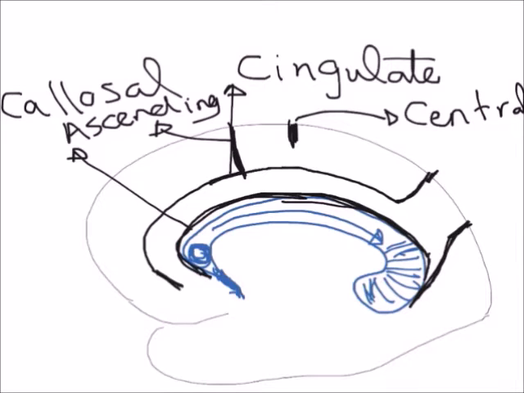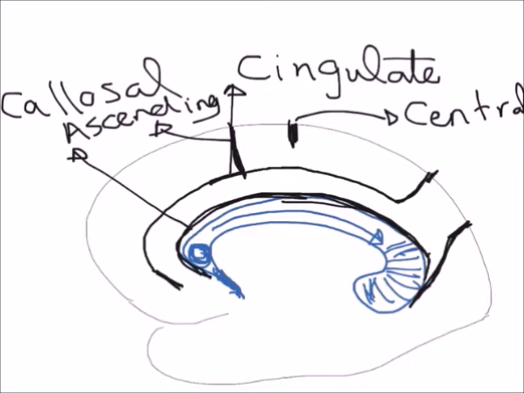Okay, here we have the parieto-occipital fissure, which lies on the lateral surface of the brain, separating the parietal lobe and the occipital lobe. Actually, it also extends on the medial side of the brain as a deep fissure.